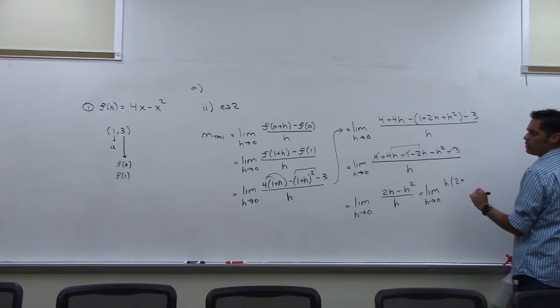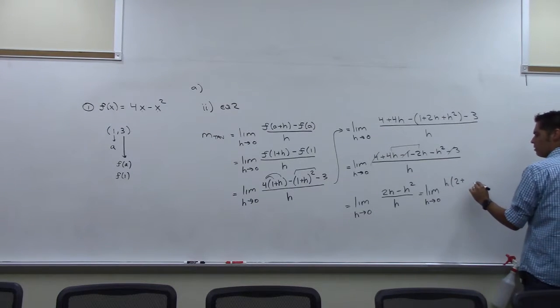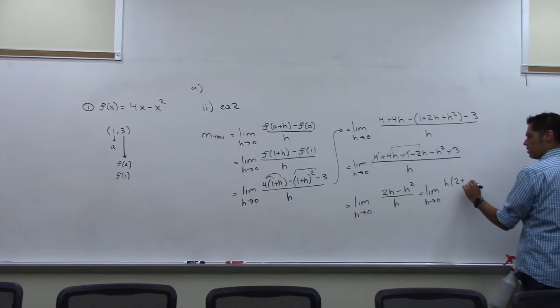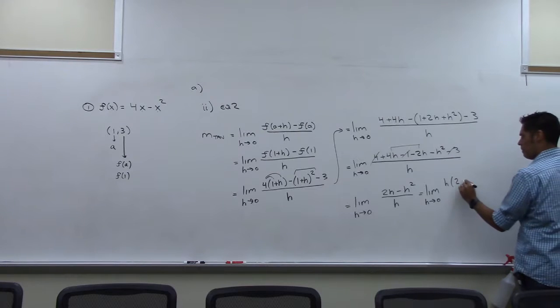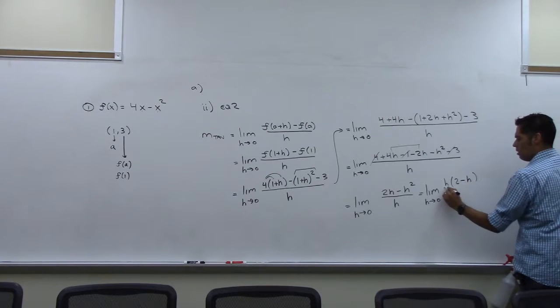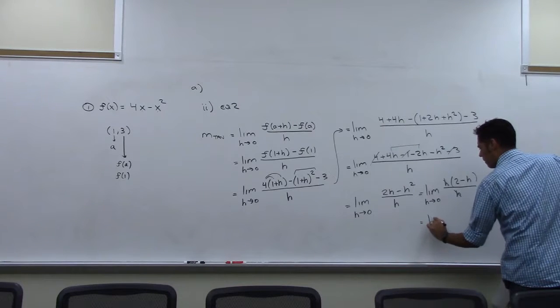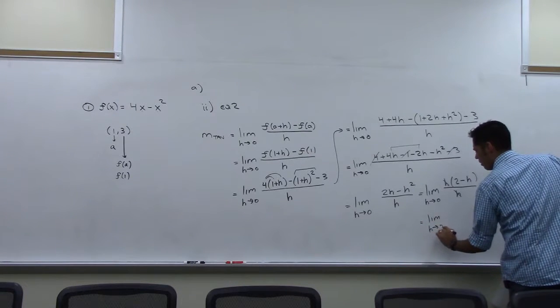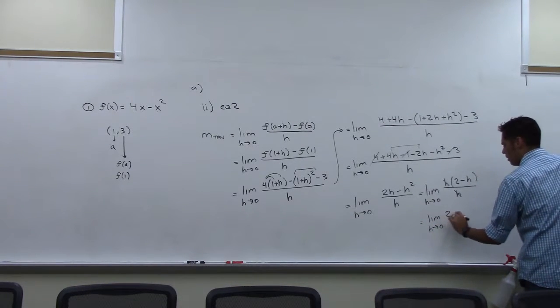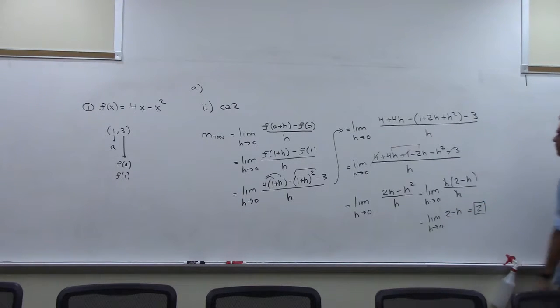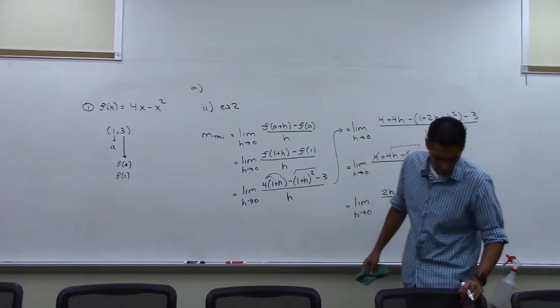Yeah, all right, so that, and then minus, I pull out an h, sorry, minus h all over h, and then these h's cancel, and we get just this. So limit as h goes to 0, and then 2 minus h, and when h goes to 0, you just get 2. Now, I thought we got negative 2 just a second ago.